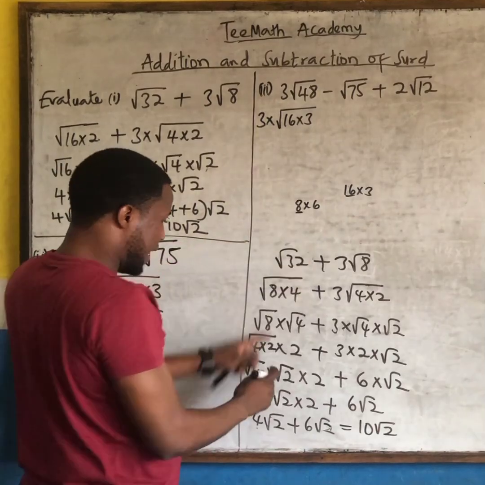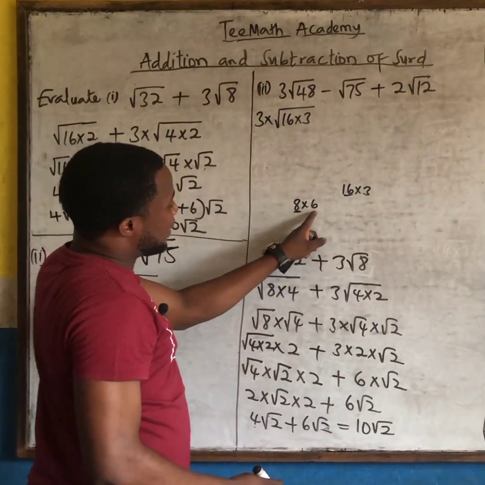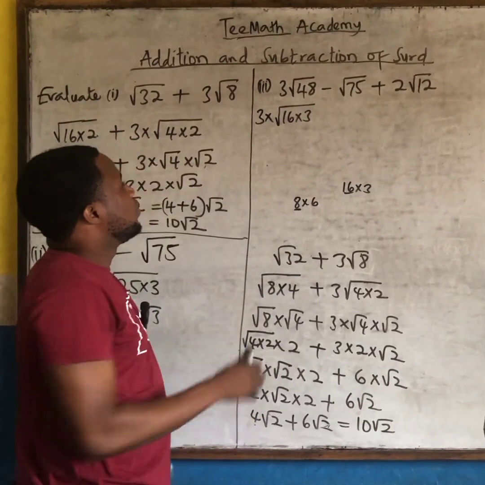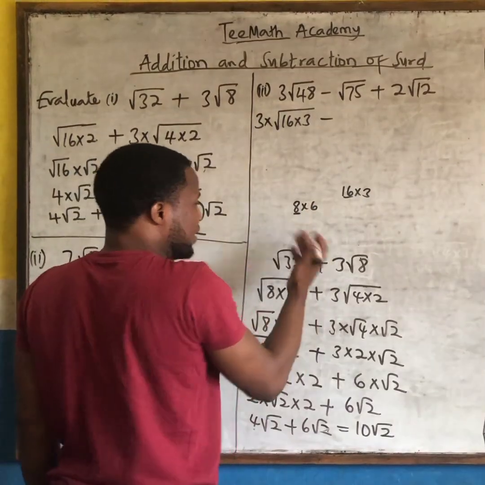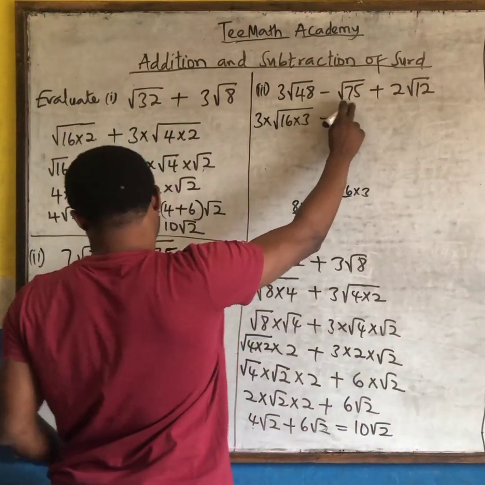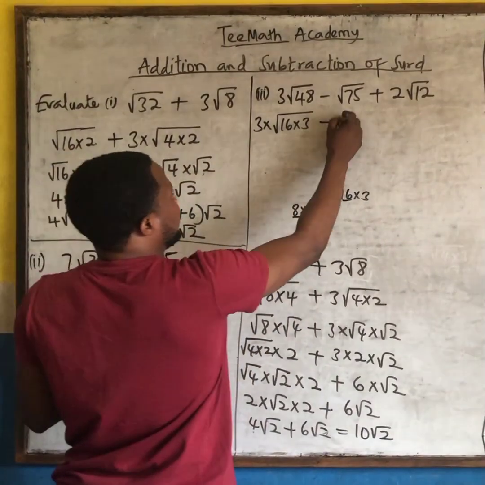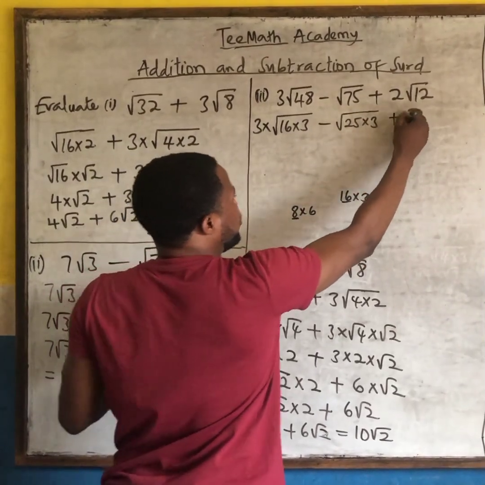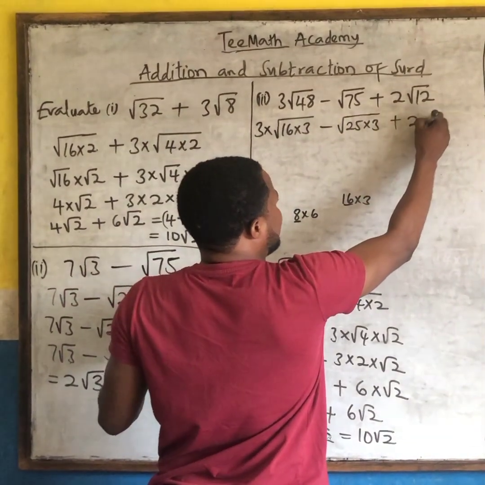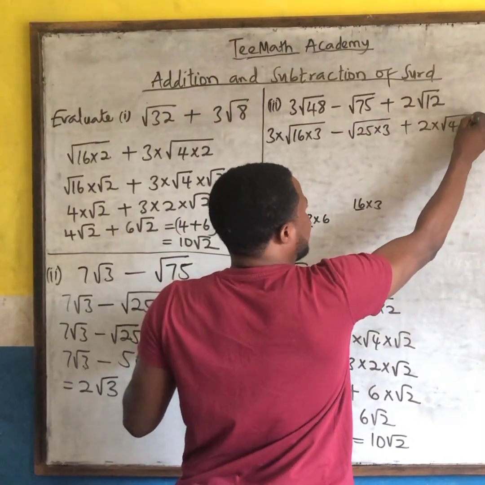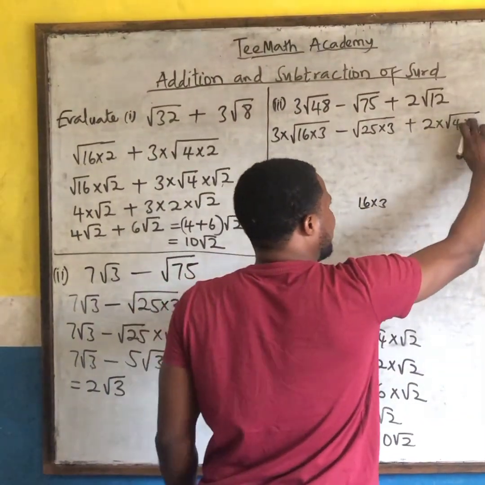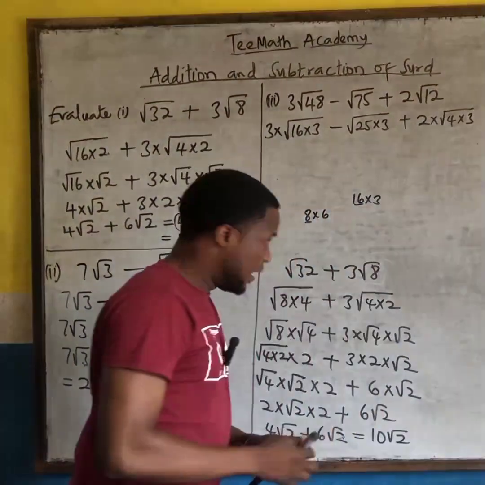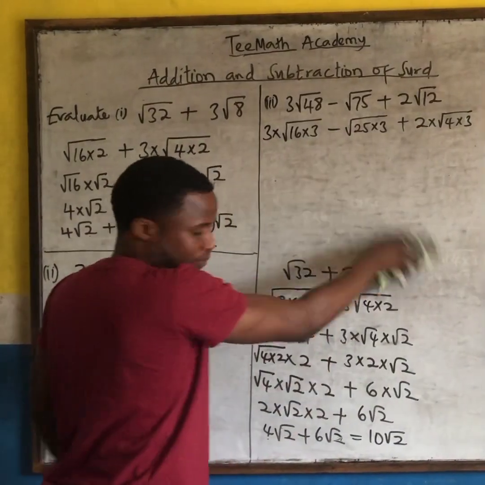You can use 8 times 6 by yourself, you will get the same thing. Then root 75, we are done, root 75 to be 25 root 3, then plus 2 times root 12 now will be 4 times 3. Don't use 6 times 2 because none of them is a perfect square.